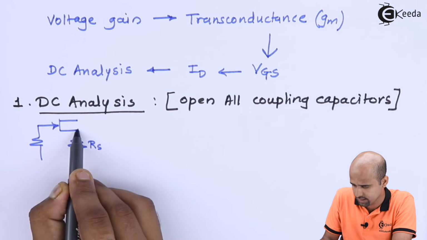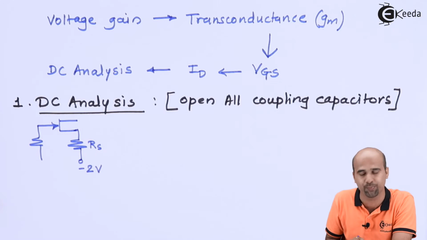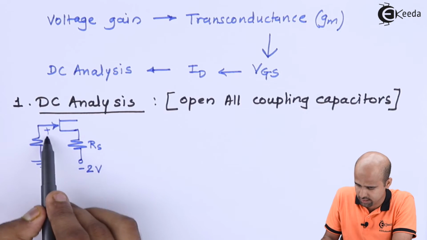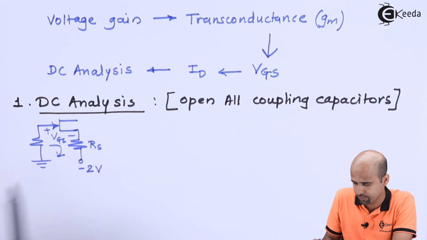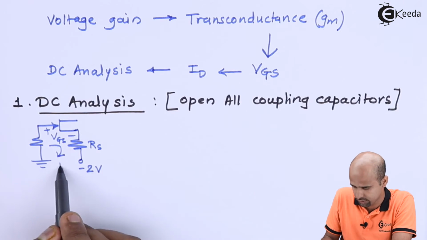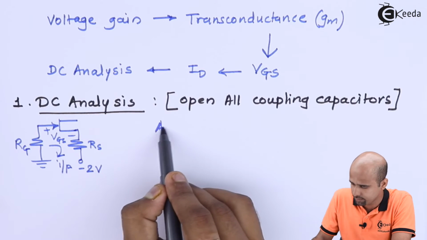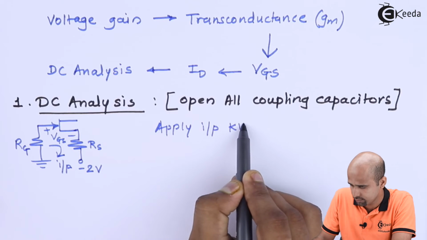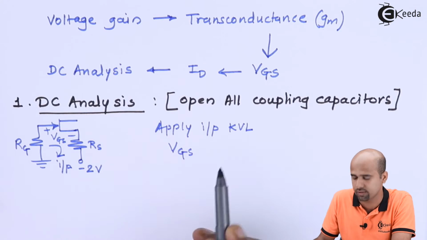This is RS and this is connected to -2 volts, connected to ground. This is your value of VGS. If you apply input KVL, this is your input loop with the value of RG. If you apply input KVL, then what's the value of VGS?